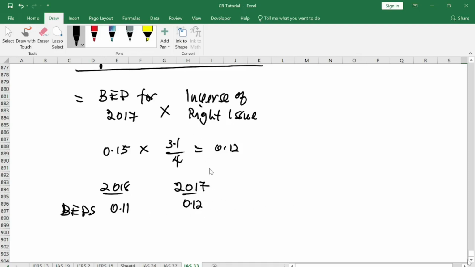Before the restatement, the 2017 basic earnings per share was 0.15, so comparing to 2018, the investor would be alarmed. Once you convert it, it comes to a level where the investor can make a considered decision. So this is how we calculate this. Thank you very much.